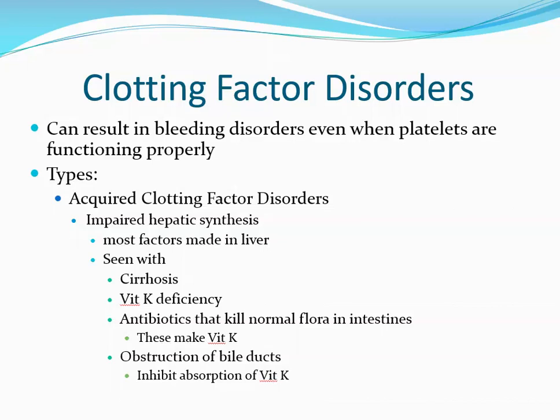Many antibiotics kill the microorganisms in our large intestines. These organisms are responsible for producing vitamin K for our use. They tend to make the majority of our vitamin K, so we don't require as much from our diet. And then another cause could be obstruction of the bile ducts. This will inhibit the absorption of vitamin K. The absorption of vitamin K is dependent on the bile.